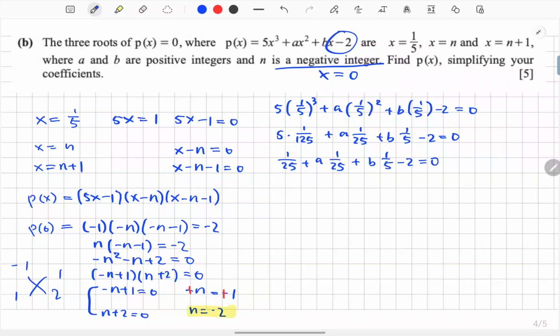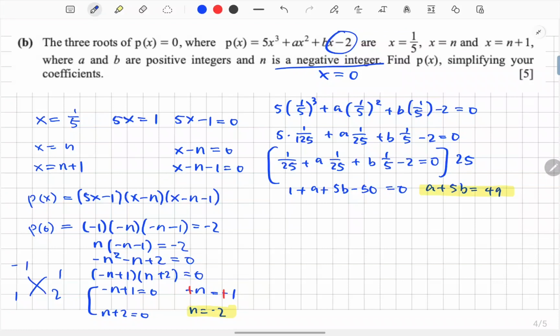Because we have two denominators of 25, we can multiply the entire equation with 25. And here we have our first equation.